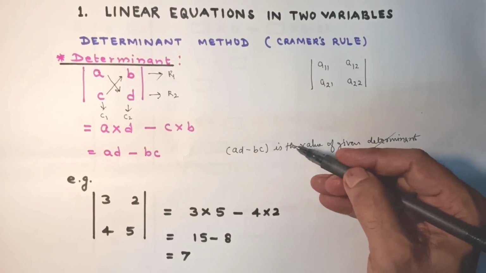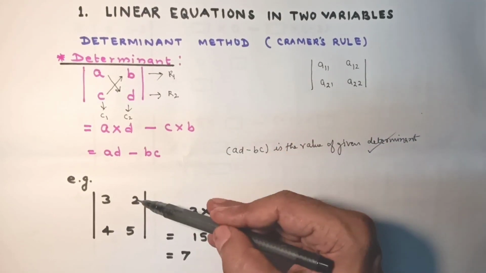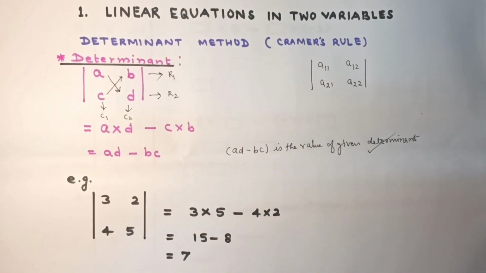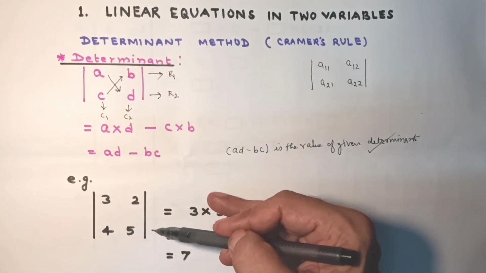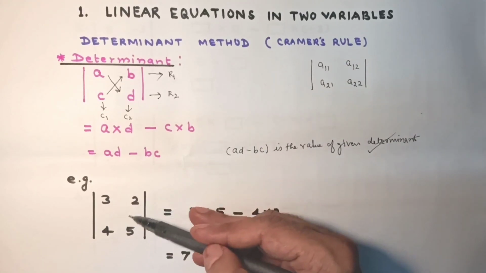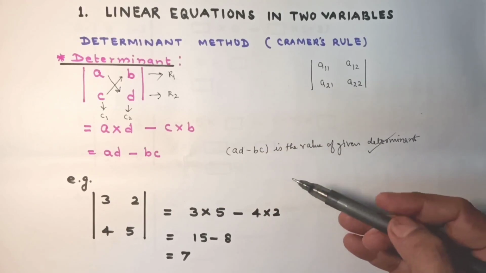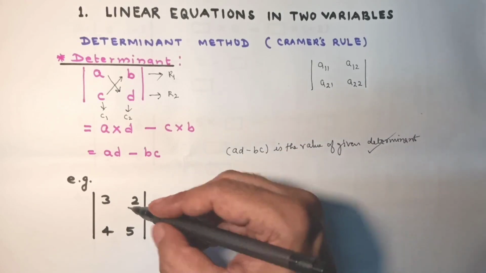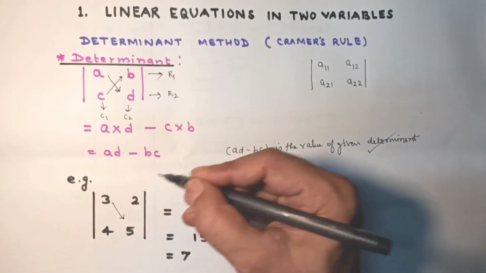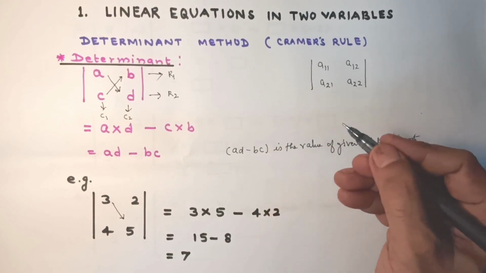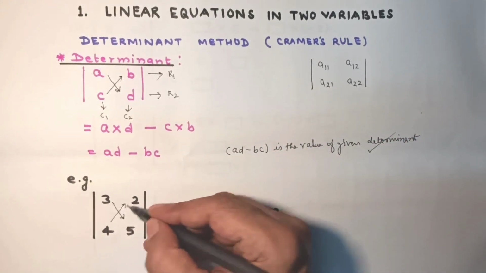Let's have one example. There should be some gap between these numbers and two vertical lines. 3, 2, 4, 5. Same way you cross multiply 3 into 5, then minus 4 into 2.